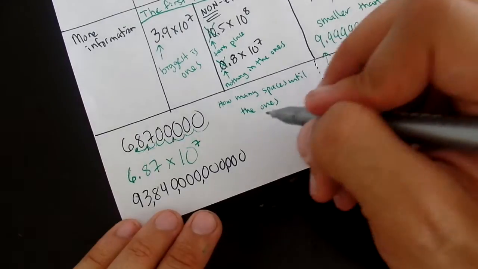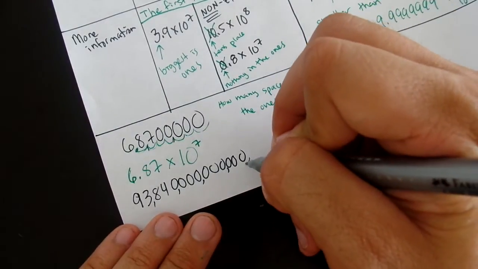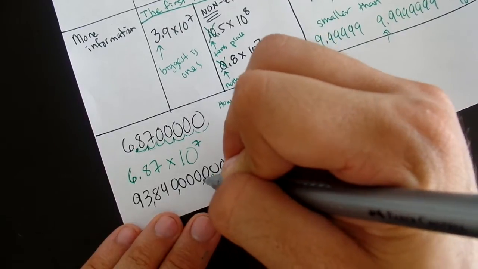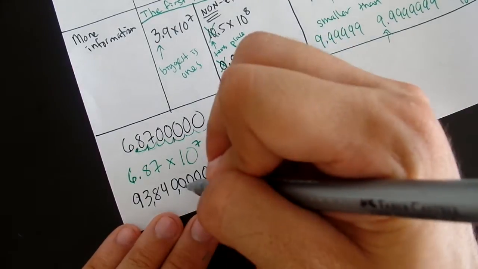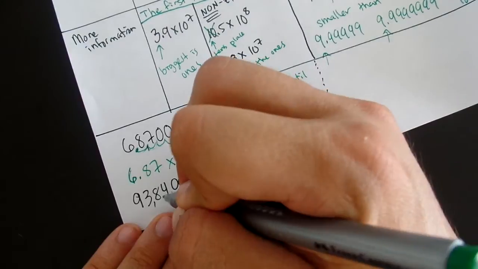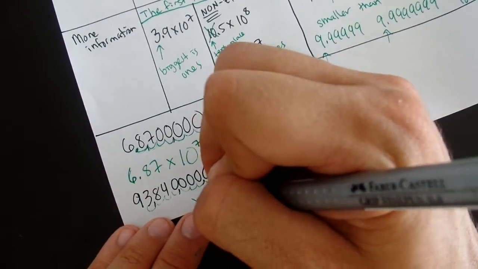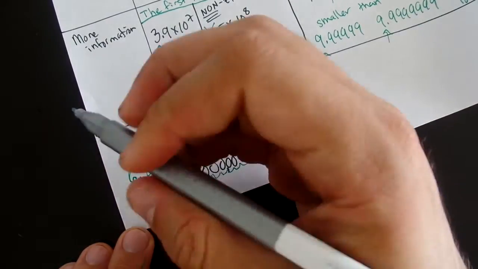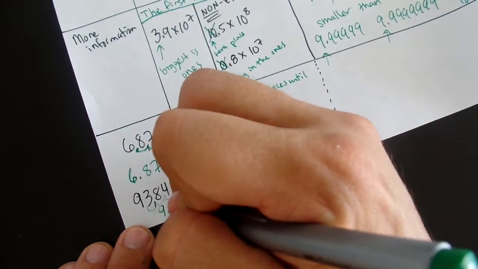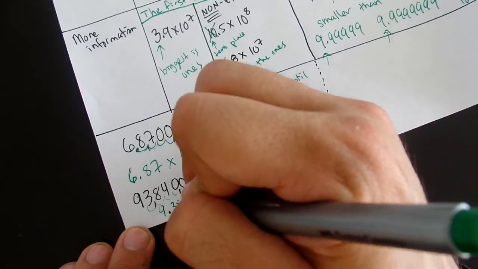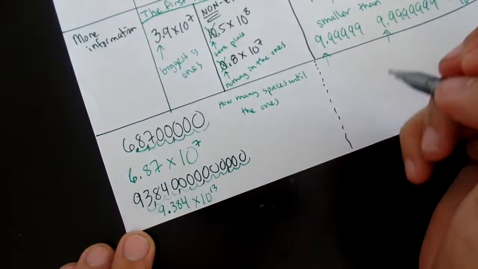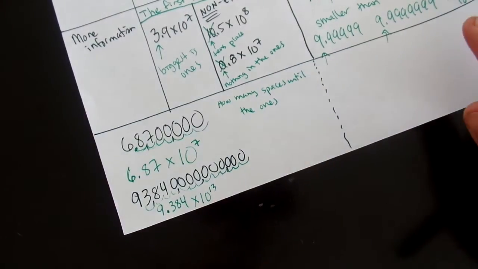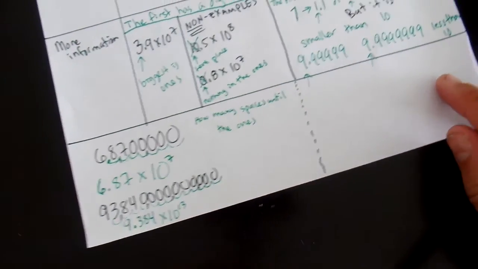So we want to count how many spaces until the ones. 1, 2, 3, 4, 5, 6, 7, 8, 9, 10, 11, 12, 13. So it's times 10 to the 13. And the number is going to be 9 in the ones place, point, and then the numbers after it, but without the zeros. Okay? Watch that part again if you don't understand.